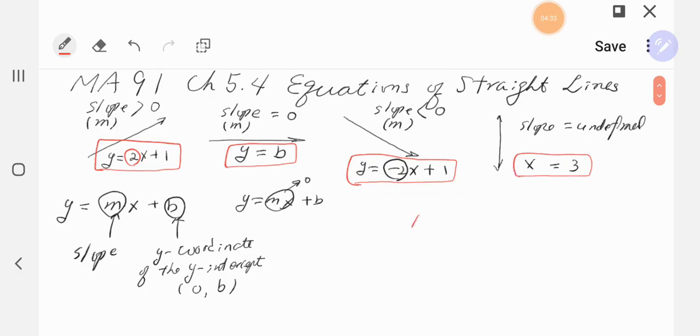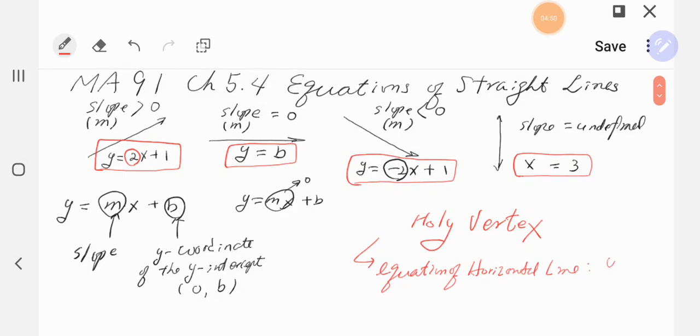Remember "holy vertex"? "Holy" means this is the equation of a horizontal line, which is y equals the y value, let's say 2.